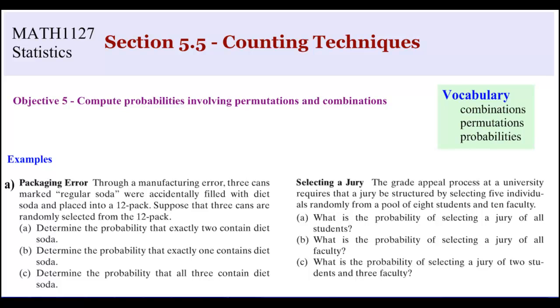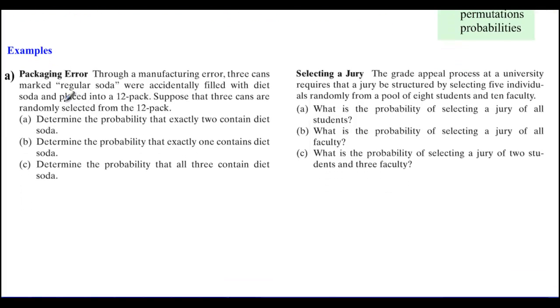All right, let's talk about computing probabilities that are going to involve permutations and combinations. And for these two options, we're going to just use combinations. So for A, we have a packing error. Through a manufacturing error, 3 cans marked regular soda were accidentally filled with diet soda and placed into a 12-pack. Suppose that 3 cans are randomly selected from the 12-pack.